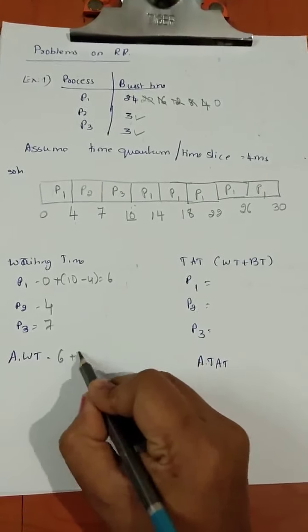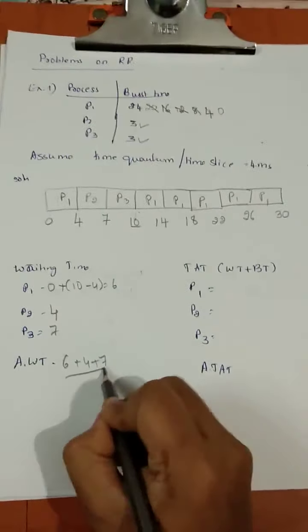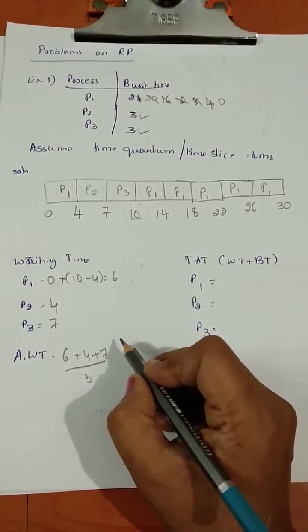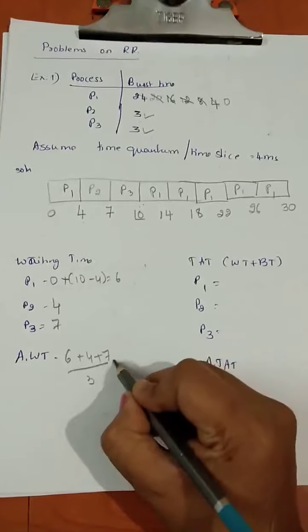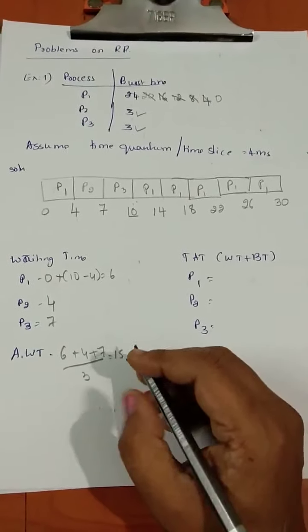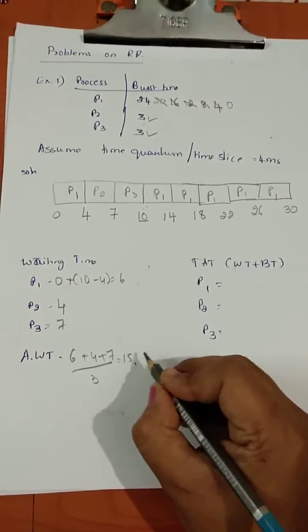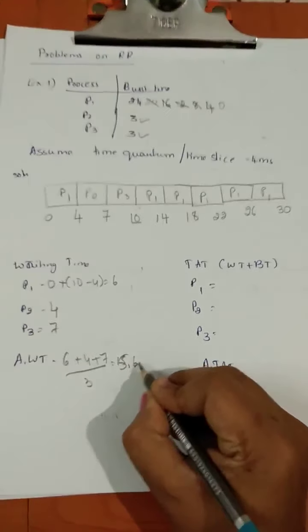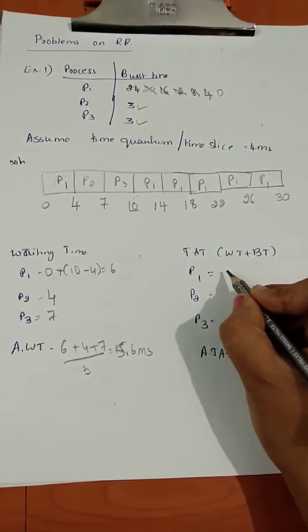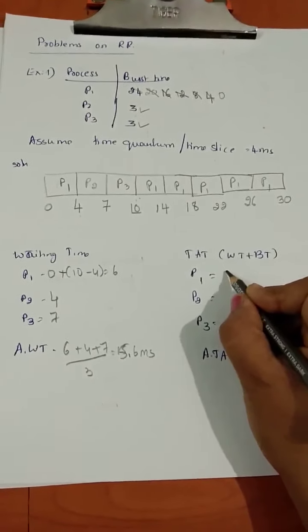So 6 plus 4 plus 7 divided by 3. So it will come up to, I think, 5.6 milliseconds.